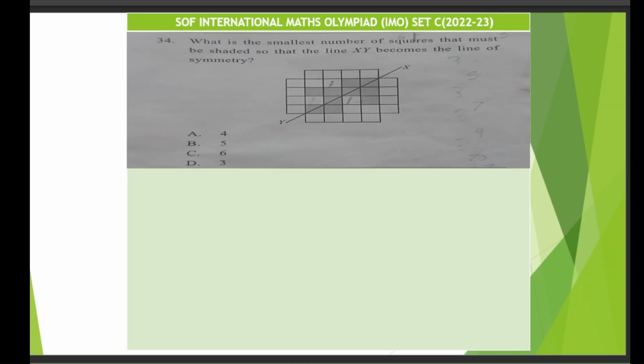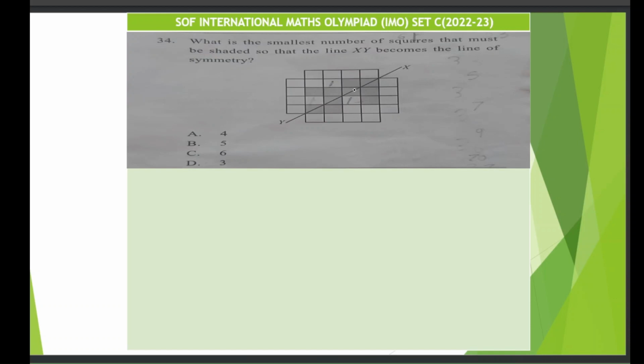Let's start with question number 34. Question number 34 says, what is the smallest number of squares that must be shaded so that line XY becomes the line of symmetry? Line of symmetry XY means both sides have to have the same figure.